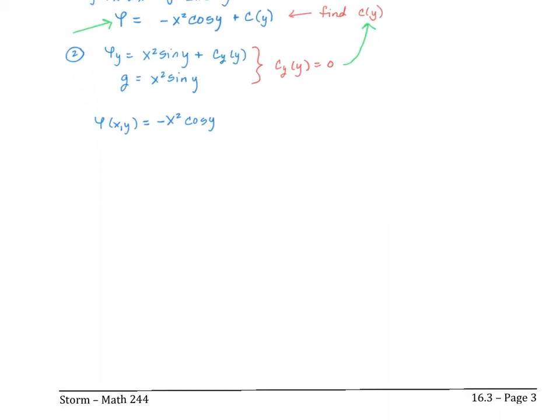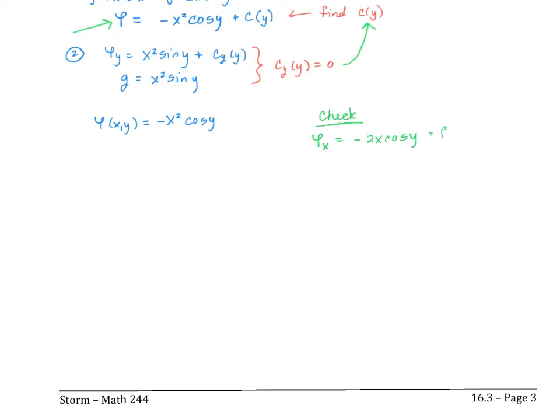So I can check this. I can check this by looking at this potential function and computing the partial derivative with respect to x. When we compute the partial derivative with respect to x, we get negative 2x cosine y, which is what we wanted, right?